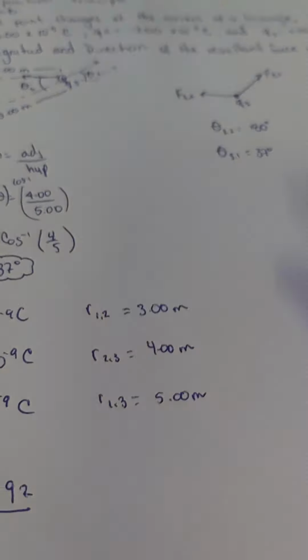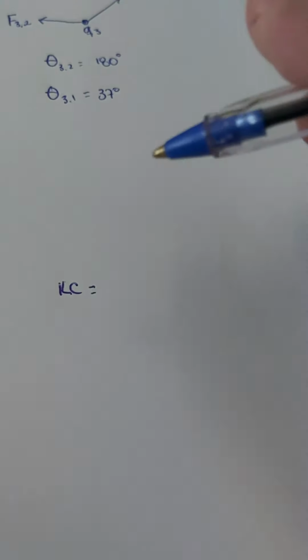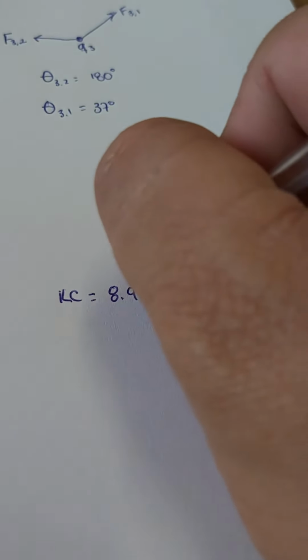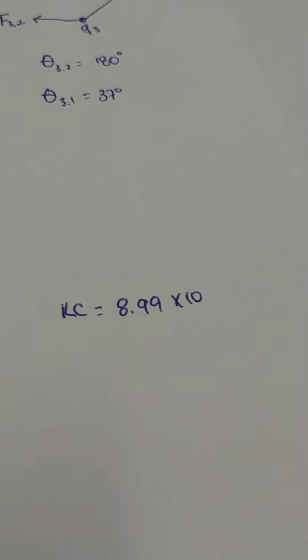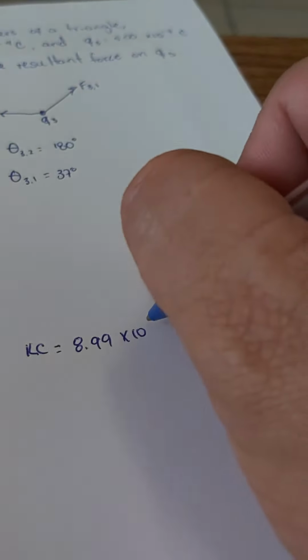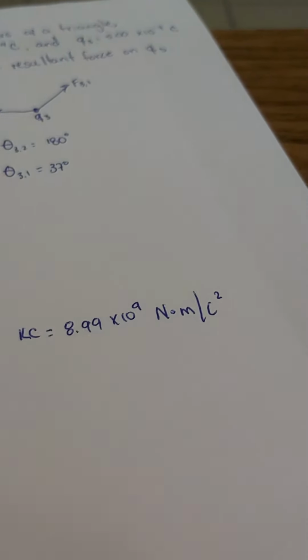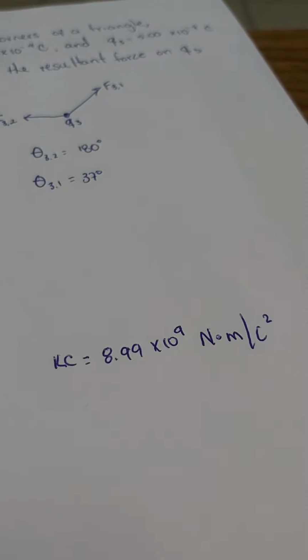Don't forget the Coulomb constant, I forgot to write that down. It is equal to 8.99 times 10 to the 9th Newton meter squared per coulomb squared. That's the Coulomb constant.